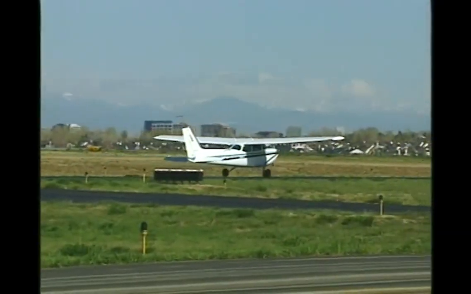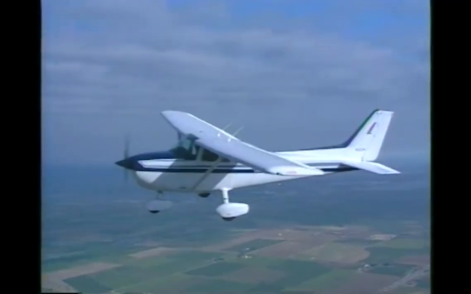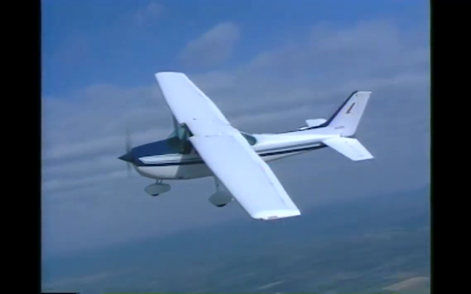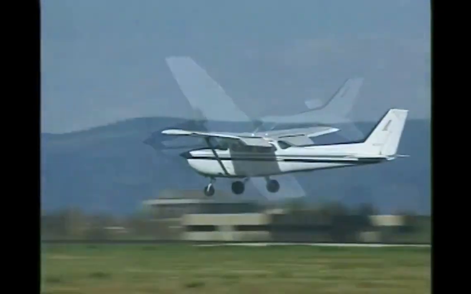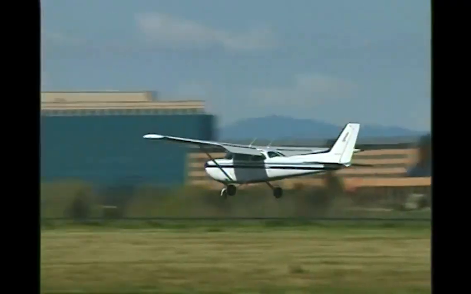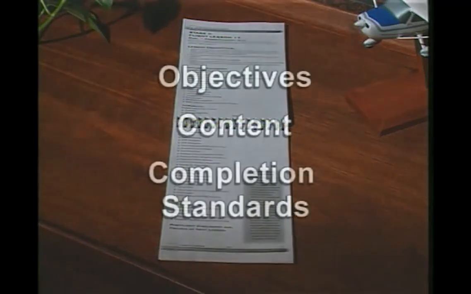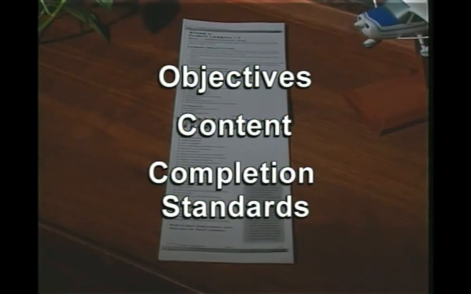A good syllabus should define the unit of training, describe the objective the student is expected to accomplish, show an organized plan for instruction, and provide for regular evaluations at prescribed stages. Each lesson in a training syllabus should include at least 3 main elements: objectives, content, and completion standards.